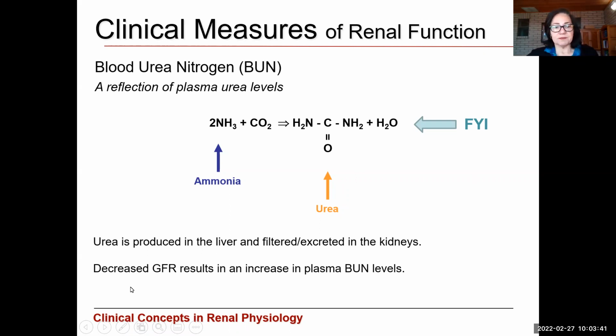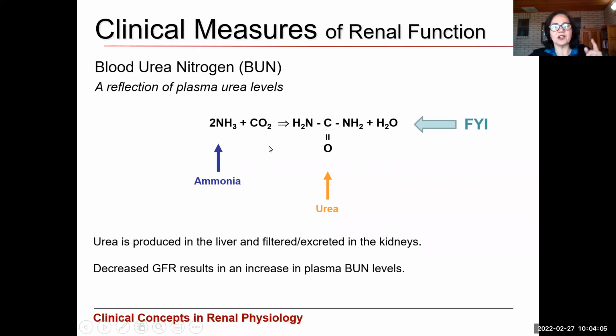As you might imagine, if the glomerular filtration rate goes down, the plasma urea amount goes up. So plasma BUN levels go up. And you might ask, well, why don't we use that one to keep track of kidney function? I mean, this number does get reported.